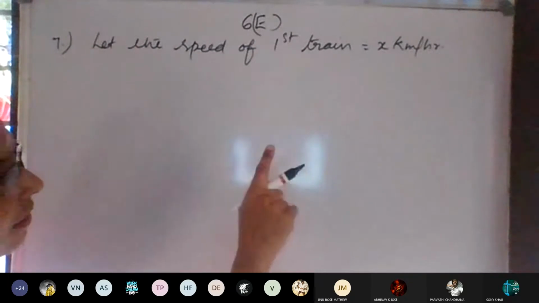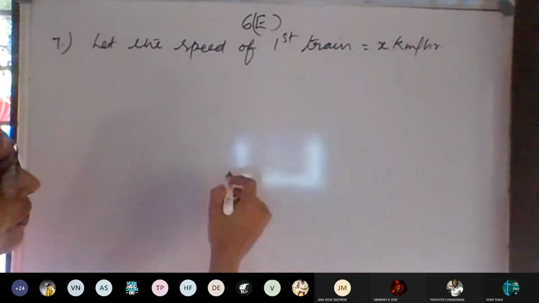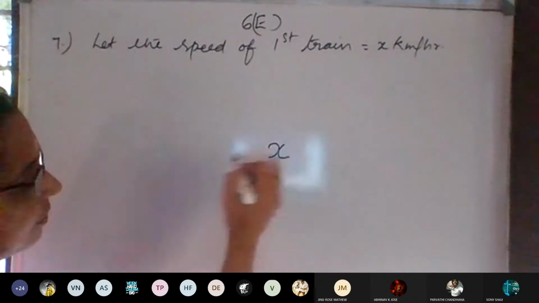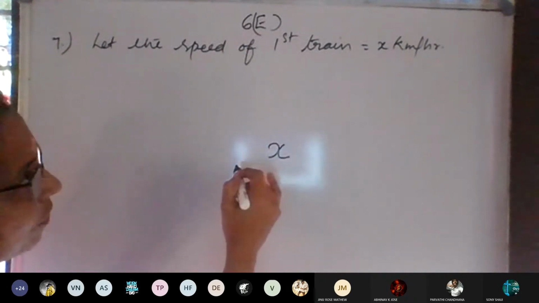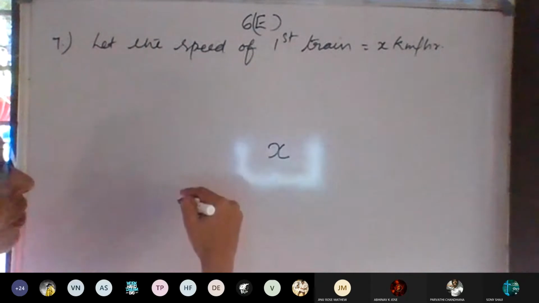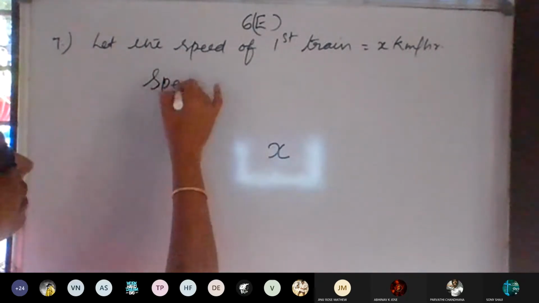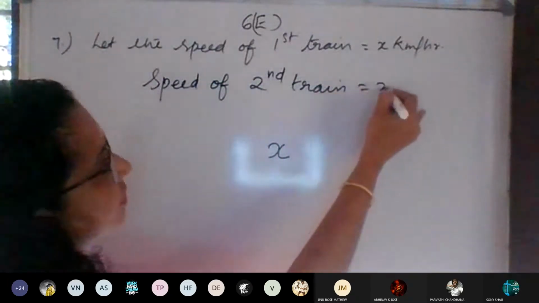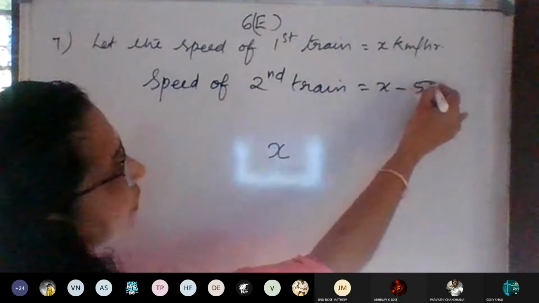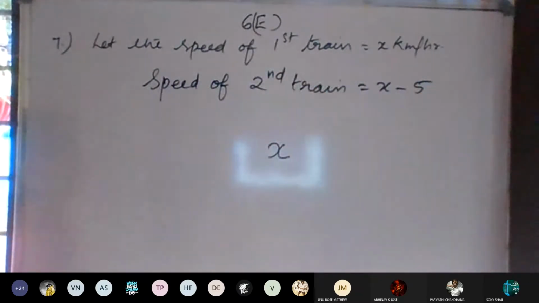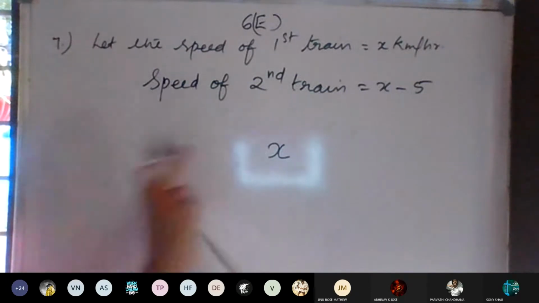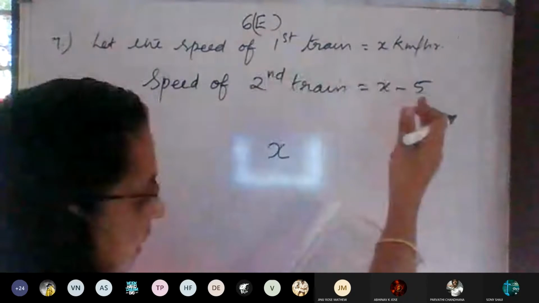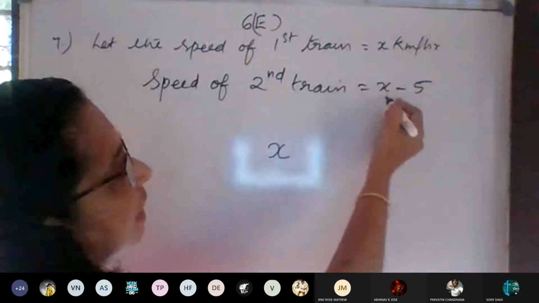So if we take the first train as x, what is the speed of the second train? The speed of the second train is x minus 5. We took x as the first train, so 5 km faster means we can take x minus 5.